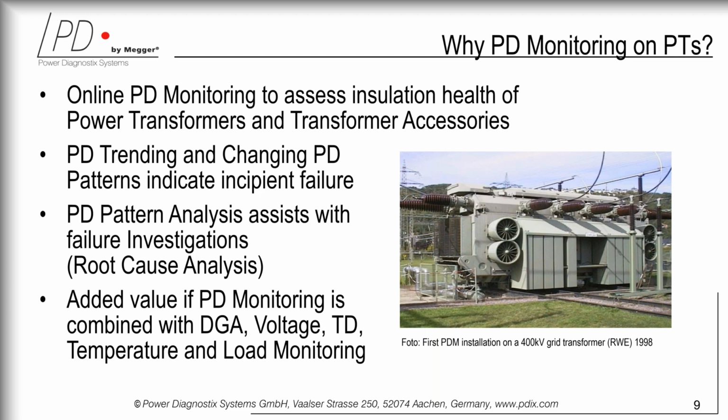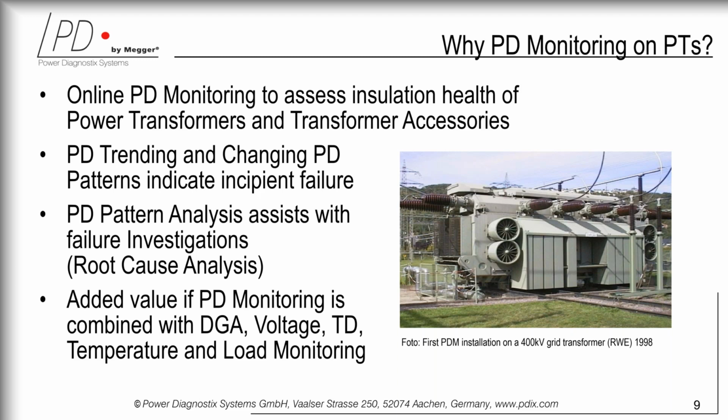But then the transformer goes to various stages, and it's very important to record the trends, how the partial discharge evolves through time. And therefore, the trending and the changing patterns are very, very important to be recorded and looked at because they can indicate incipient failures. The analysis of such patterns can further down the road assist with potential investigations.